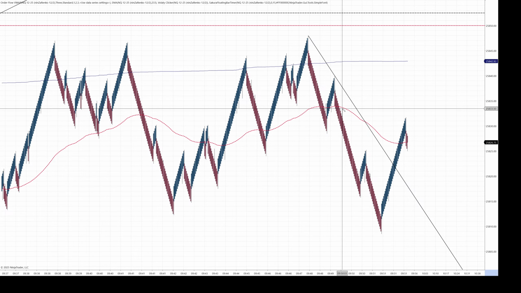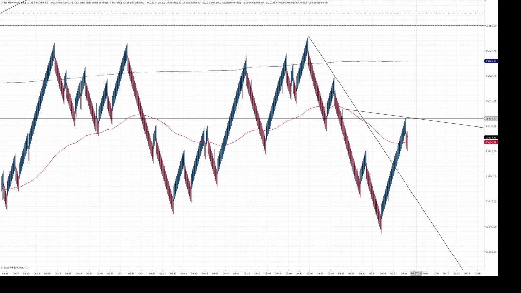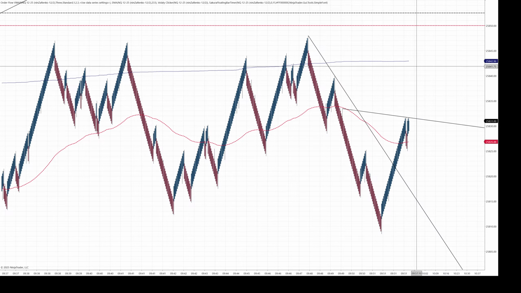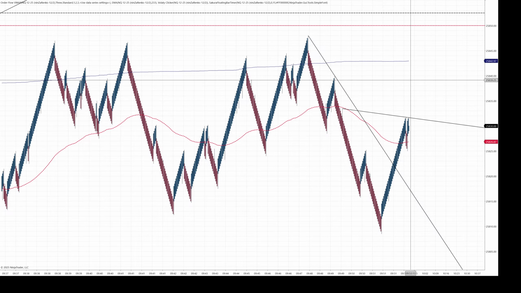We have this trend line like this now from this high, which unfortunately negates me from being able to take it higher here. And there's also not enough room to the standard deviation level above us.